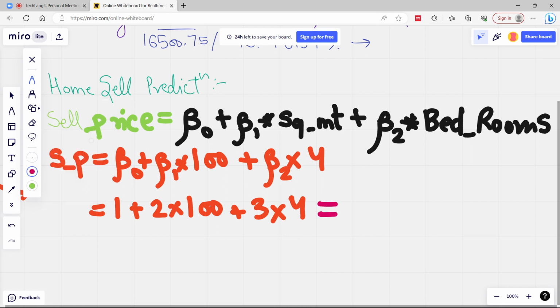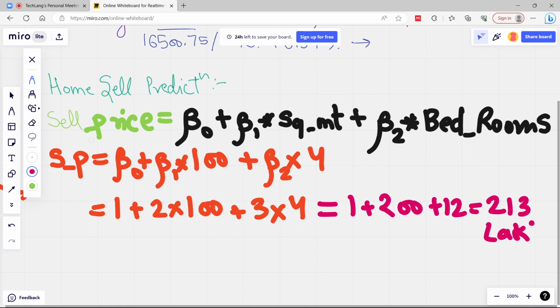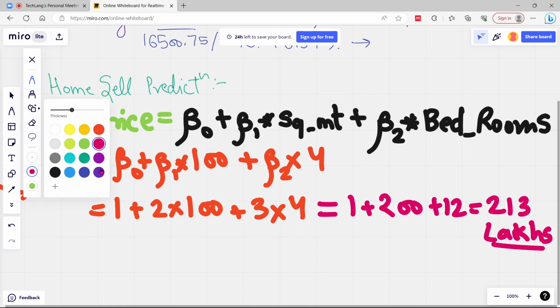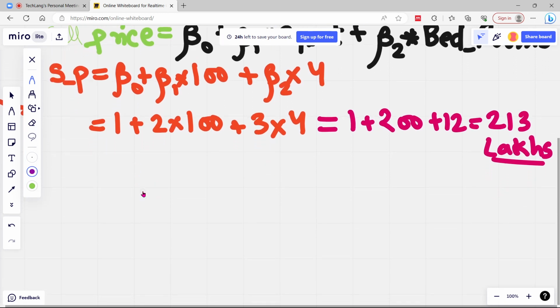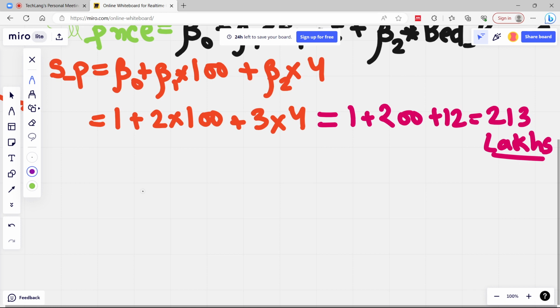So this is 1 plus 200 plus 12, which would be 213 lakhs. So the selling price of my flat would be 2 crore 13 lakhs.